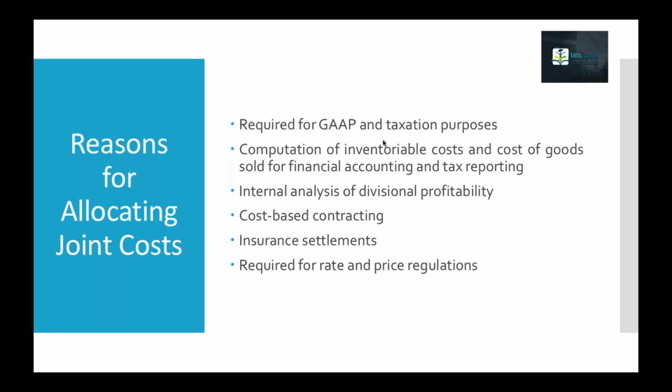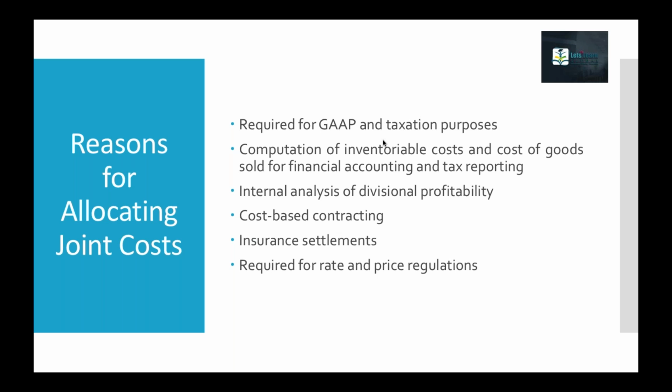Physical quantity method is not allowed for external reporting purposes, that you must know. And not only that, we must know the total cost of product A and product B, which are received jointly from the joint operation. Also division wise profit analysis. Joint product A's manager is different from joint product B's, so we need cost control and profit analysis for the two products.